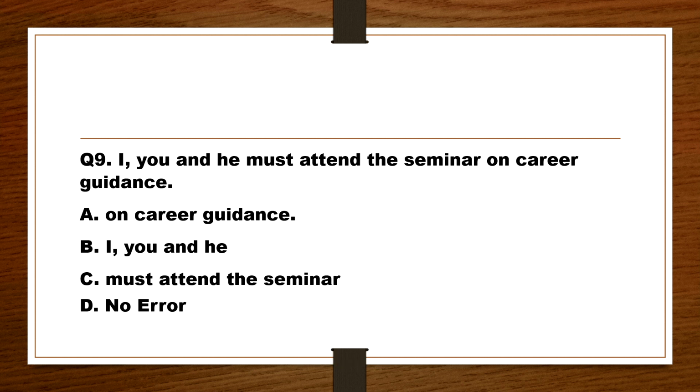Now, so is it done? Let us check. I, you and he must attend the seminar on career guidance. So, the correct option having grammatical error is option B. Now, as we all know, the correct sequence is always second, third and first, right? So, what is the sequence over here?